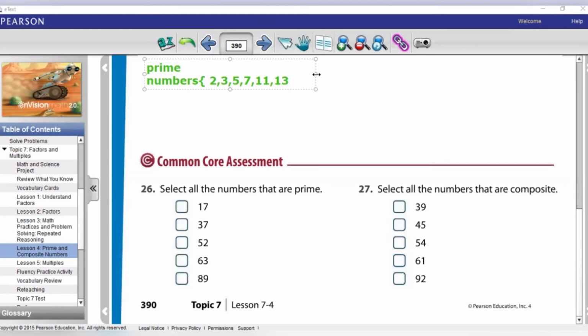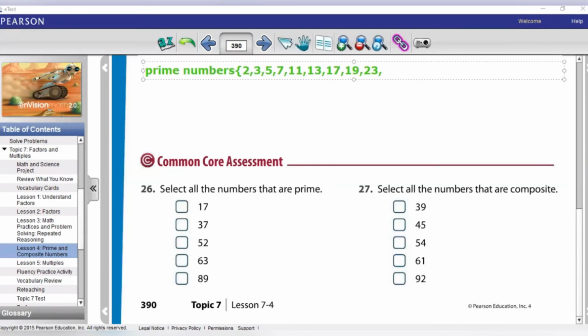After 13 we have 17. After 17, 19, 23. After 23 we have 29 and so on.